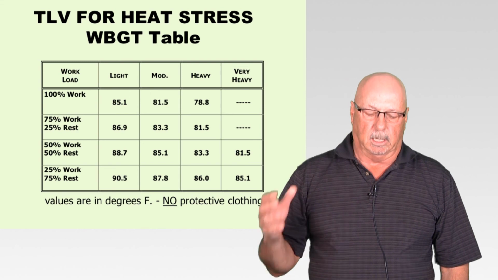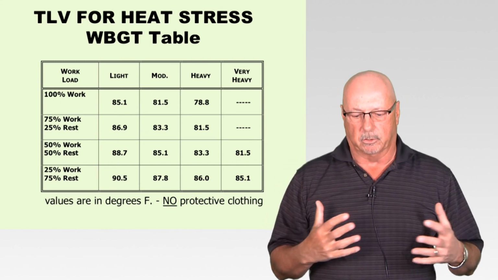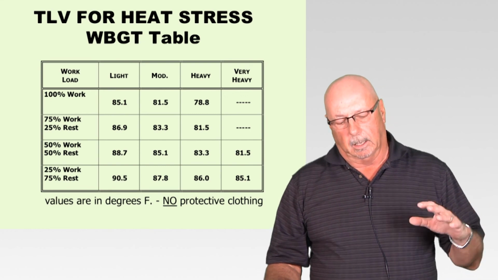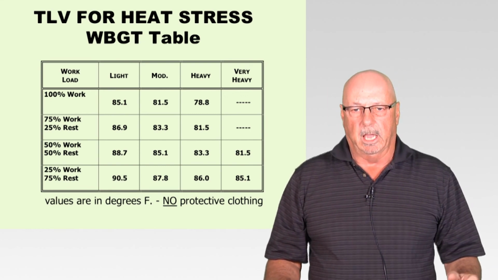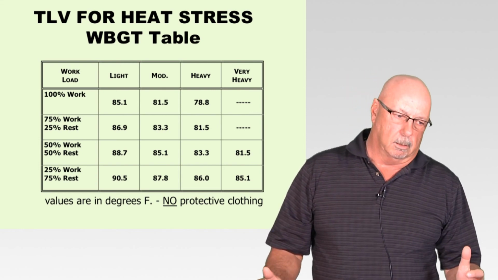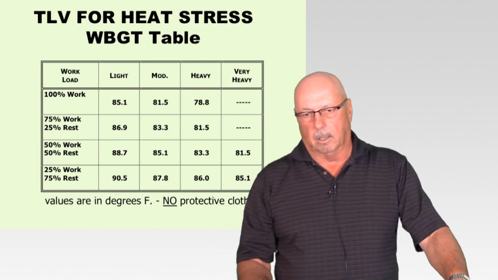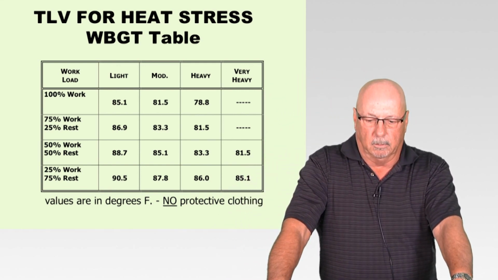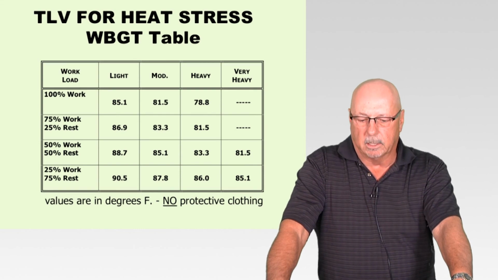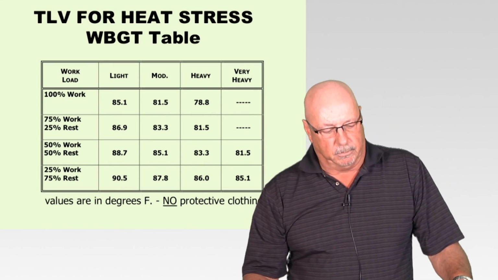And they give some discussion of what is a light workload, which is not very strenuous, a moderate, maybe something like simple shoveling, where heavy could be using an axe or pick, and then finally very heavy is even the maximum amount of physical workload.